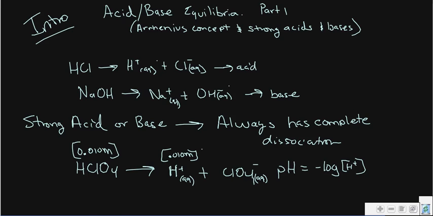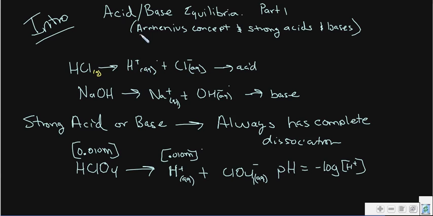I'm going to use a different color just for fun. All right, so if I said that I had HCl, this would probably be a gas. If I dissolve that into solution, that would become hydrogen ions and chloride ions.